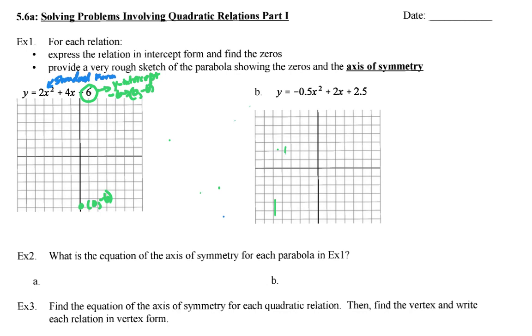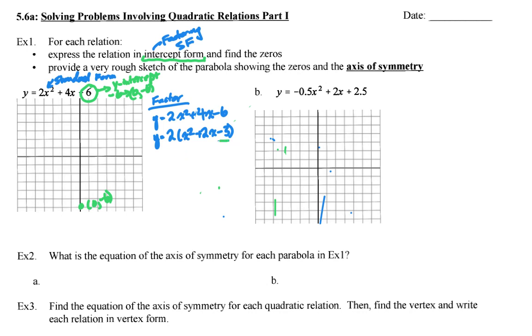Now, from last day, we took a look at a thing called the intercept form. Now, remember, the intercept form was basically another term for factoring the standard form. Now, when we factor the standard form for y equals 2x squared plus 4x minus 6, we get the following. The first thing that we're going to do is pull off the 2 that's sitting on the x squared, and we end up with 2 times this bit here.